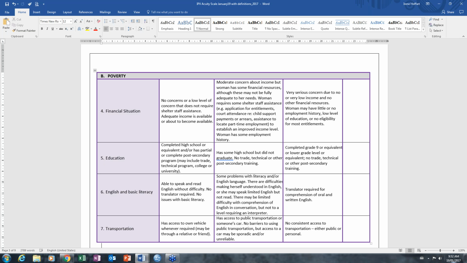Also, we talked about the safety component and the questions there, and then the poverty piece and the questions there. So you should feel comfortable understanding what each one meant and going forward with scoring if you need to. If we don't get anything in a couple of minutes, we'll just move forward.